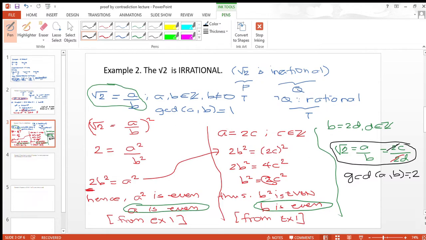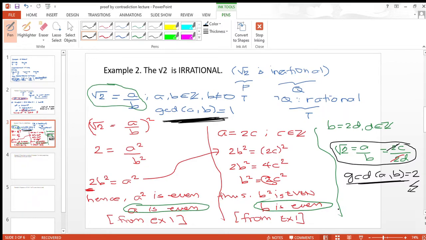From the assumption that we have given, if the square root of 2 is rational, then the square root of 2 is a over b, where a and b are integers, b not equal to 0, and the greatest common divisor of a and b is equal to 1. But what we have obtained here is that the greatest common divisor of a and b is equal to 2. So we now find the contradiction.